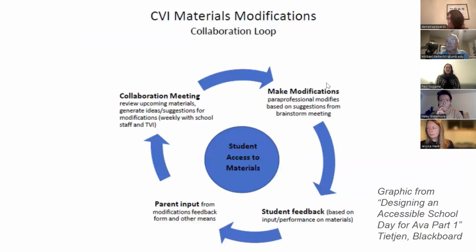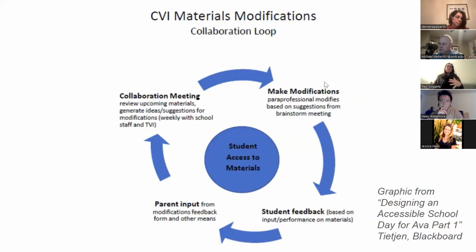Hi, I'm Amy, and we talked a little bit about the environment aspect of Matthew Tietjen's What's the Complexity, and now we're going to talk a little bit about the task. So what we're looking at on this slide is the visual from Designing an Accessible School Day for Ava, Part 1, by Matthew Tietjen.